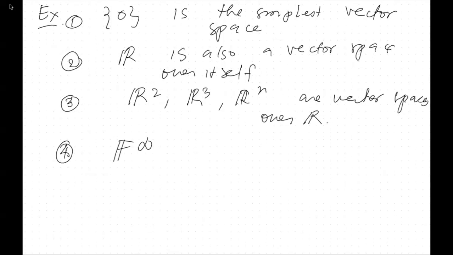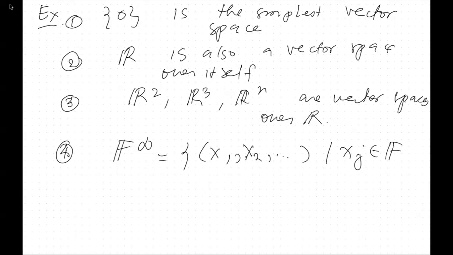And then we have some special vector space here. We have F infinity. So this is just a collection of sequences. Let me write it this way: x1, x2, and then it doesn't stop. Here xj is in F, and our j is running from 1, 2, and then doesn't stop.